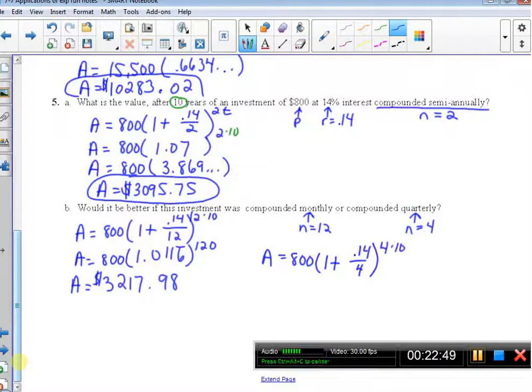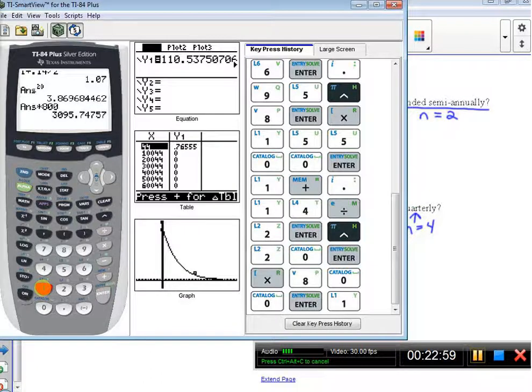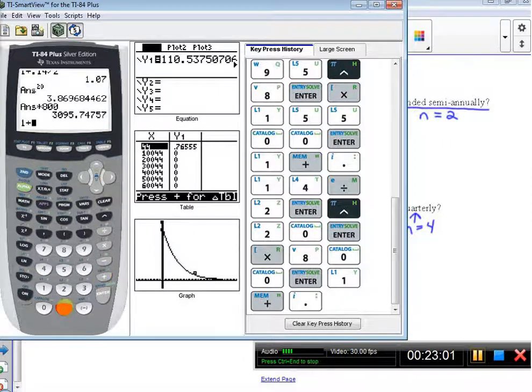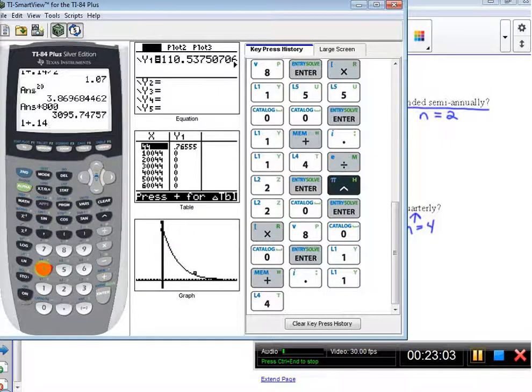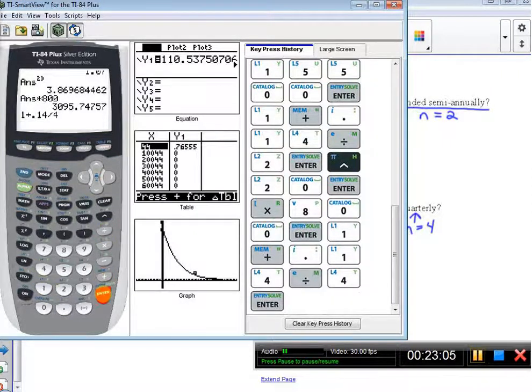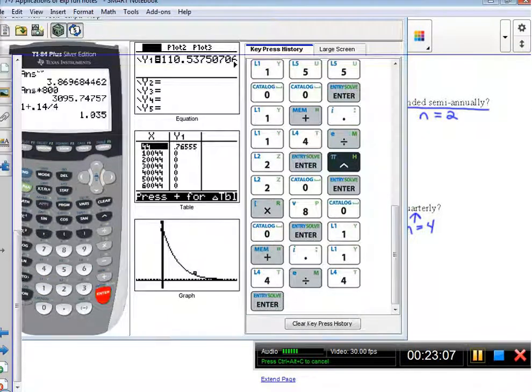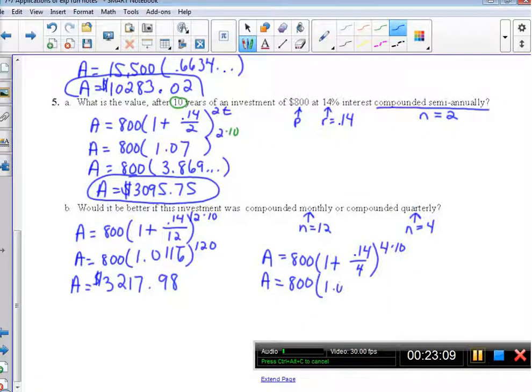So that's 800 times, let me double check, 0.14 divided by 4. So 1 plus 0.14 divided by 4, 1.035 to the 40th.